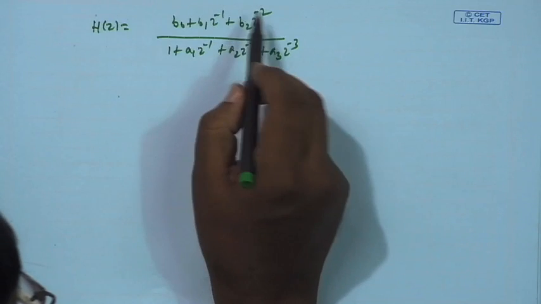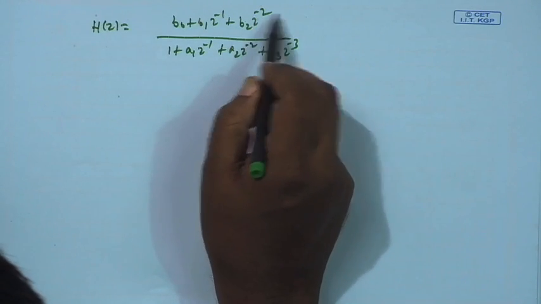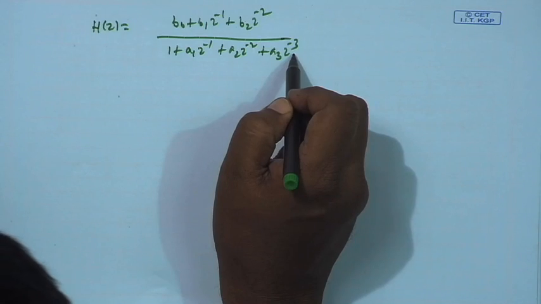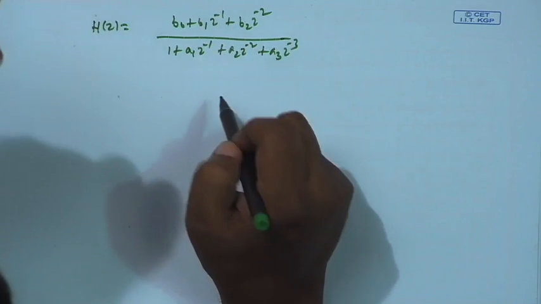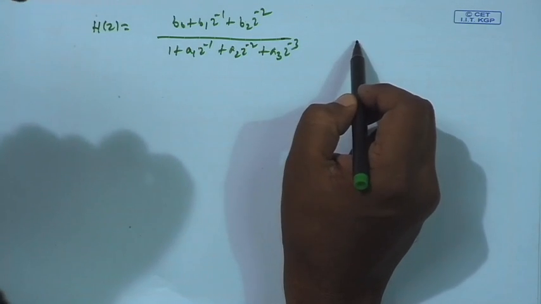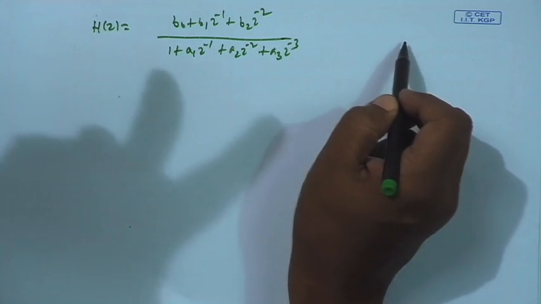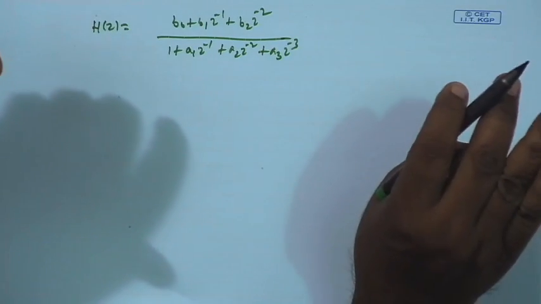I am taking numerator power of Z inverse less than that of the denominator, as I told you. If it is equal to or higher than the denominator power, you have to divide the numerator by this, take the remainder on top, and there will be some terms like some constant into Z inverse, some constant into Z inverse 2, and just some constant into Z inverse 0, there is constant only like that. So, they will be realized separately.